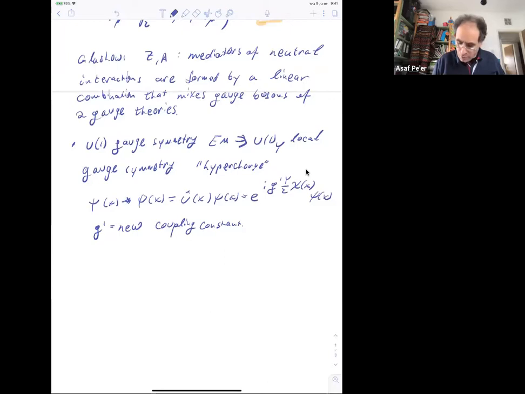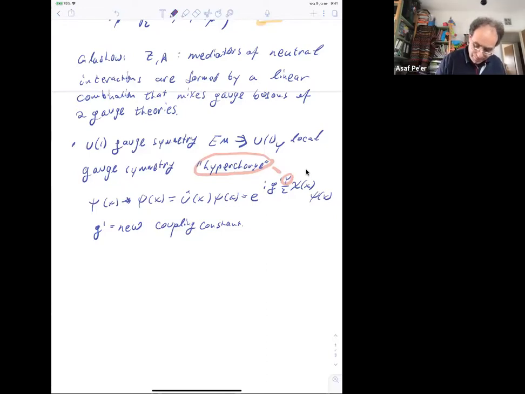And Y is called the hypercharge. Y is the hypercharge, or to be more precise, it's called the weak hypercharge.